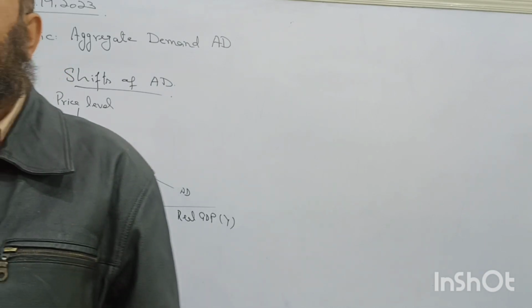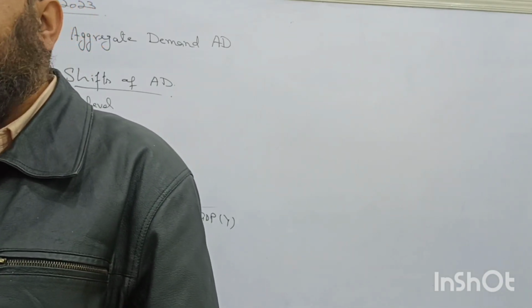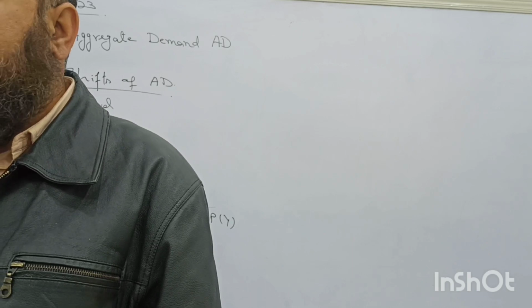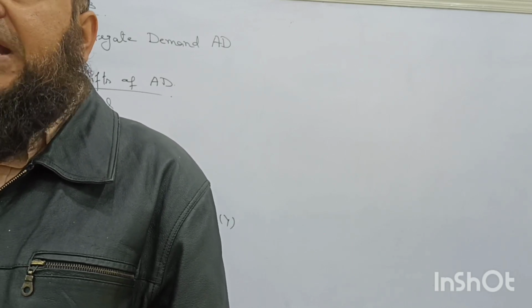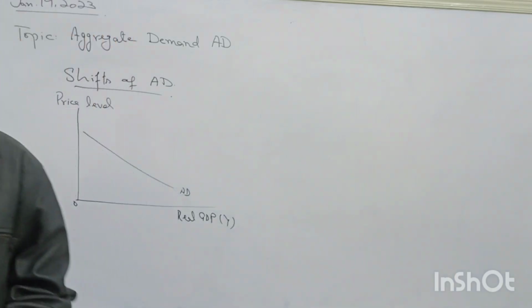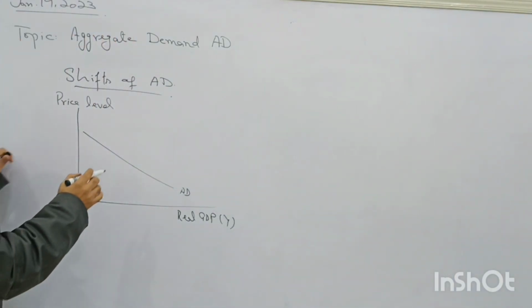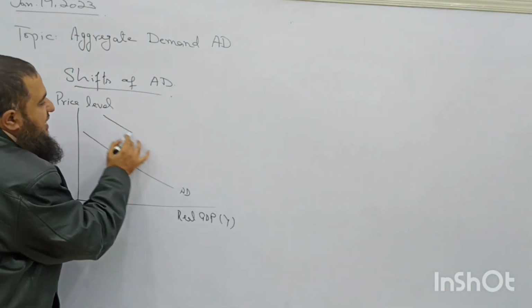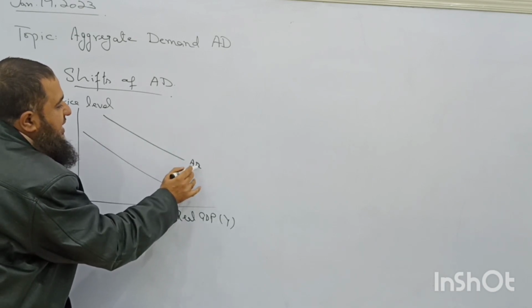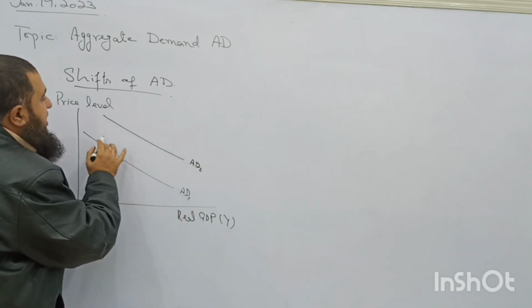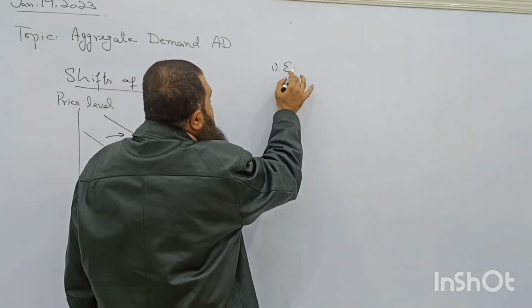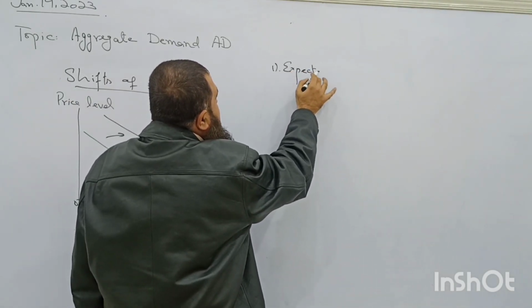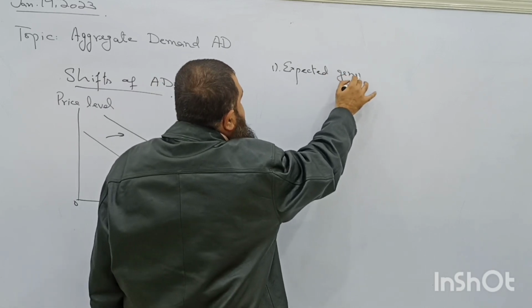They will rush to buy more goods at present. When the expected price level is going to be higher in the future, aggregate demand will increase at present. So expected prices will cause an increase in aggregate demand. The first factor is the expected general price level.